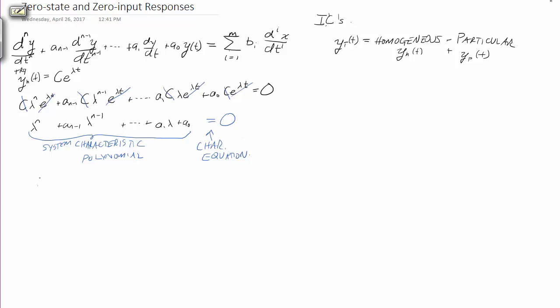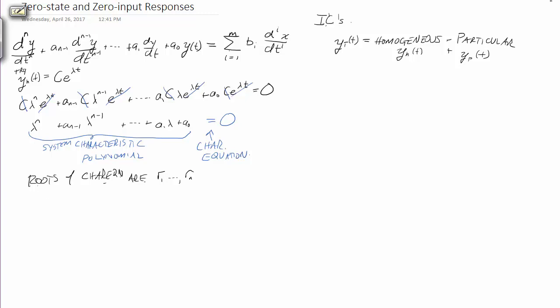So the roots of the characteristic equation are called the characteristic roots, and we're going to number them 1 up to n. I'm going to call them little r's. They are the values of lambda that make the characteristic polynomial equal 0. And I know there will be n of them because of the fundamental theorem of algebra.